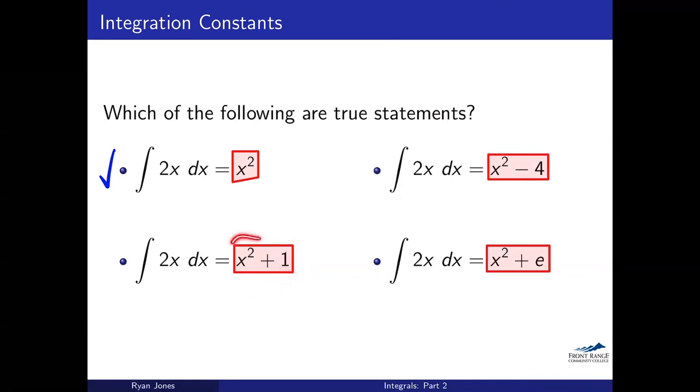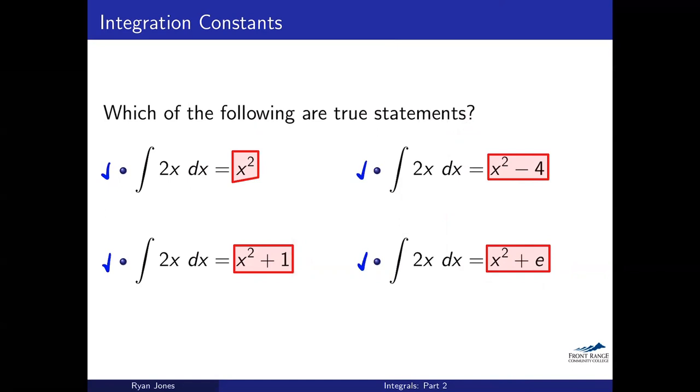So I just get my derivative being 2x, which means that the integral of 2x is in fact x squared plus 1. It's also x squared minus 4. It's also x squared plus e, because all of these are just constants that I'm either adding or subtracting. When I think in reverse and take a derivative of these, I just get rid of that constant, because the derivative of a constant goes to 0. So all of these are true statements.